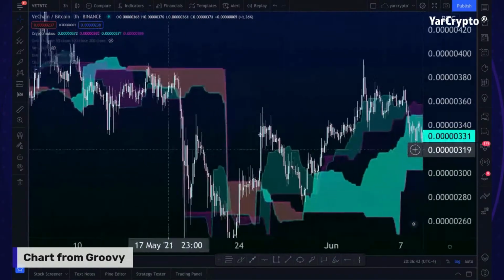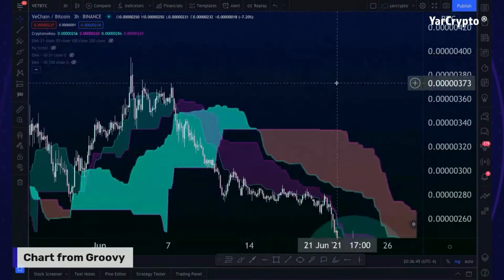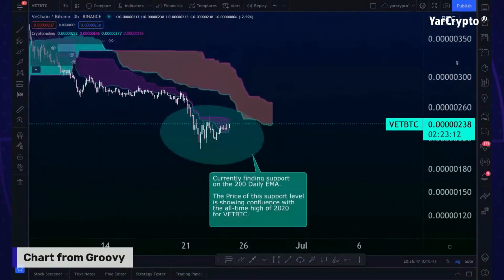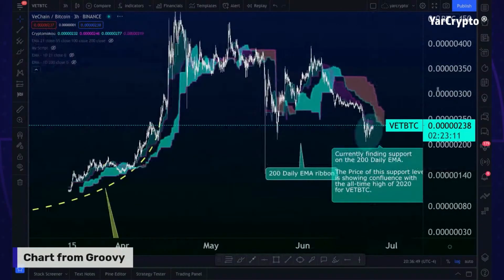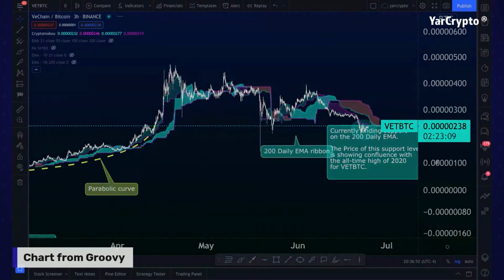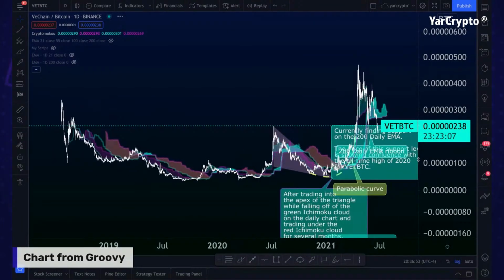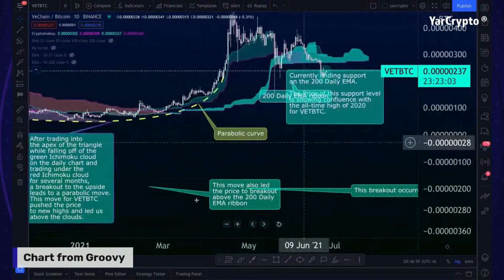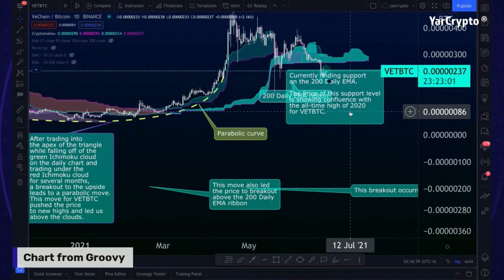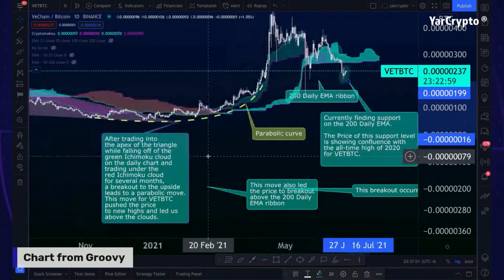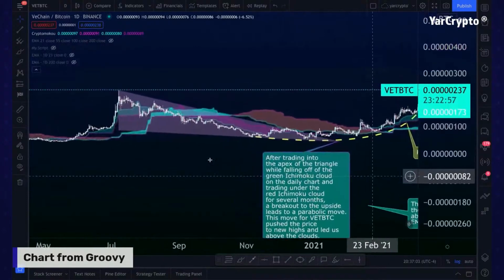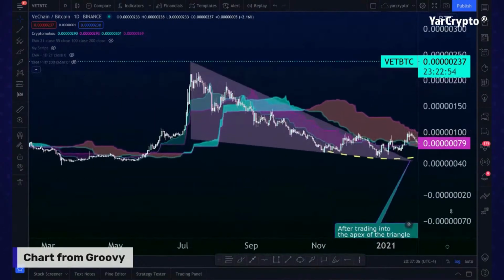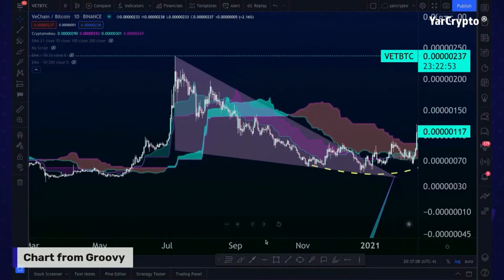If I just go back in time a little bit and we get this on the daily. Now, I made this chart community on Twitter and Discord. But basically, I'm currently looking at the events that took place for Vechain in the summer of 2020.